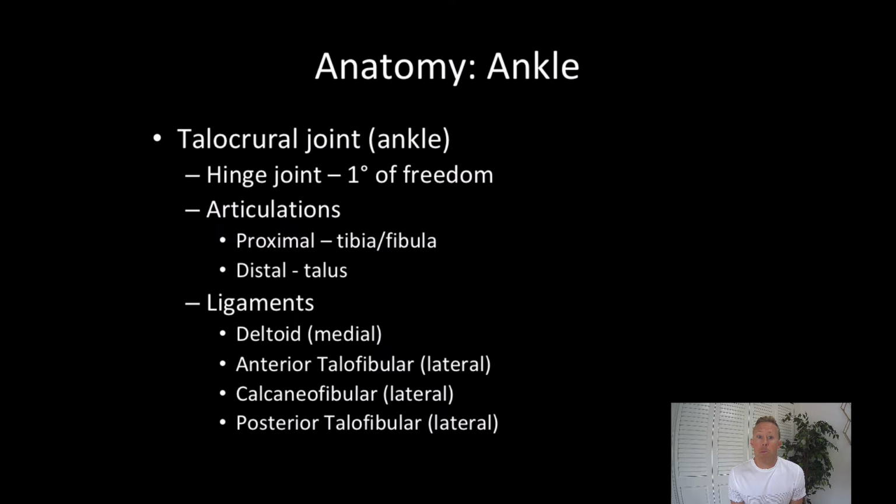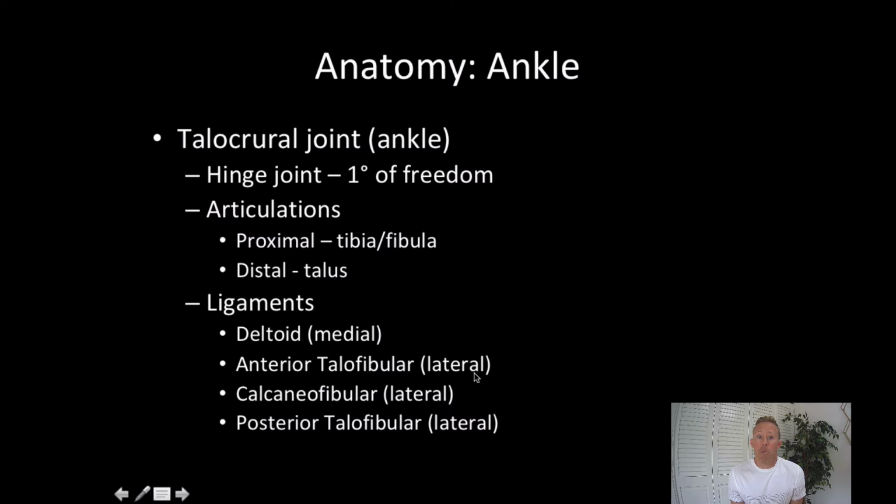But in most cases, the typical ankle sprain is one where the person lands and it rolls in. You think about rolling your ankle, it rolls into inversion, and that damages these ligaments out here on the lateral side. And the one that is most often torn is this anterior talofibular, or we'll often call it just the ATFL.